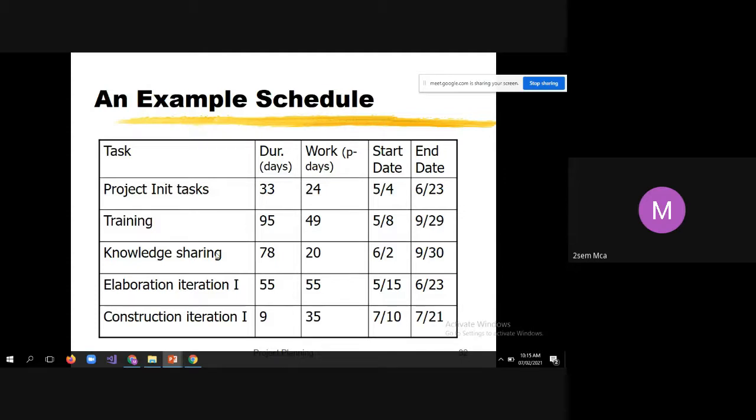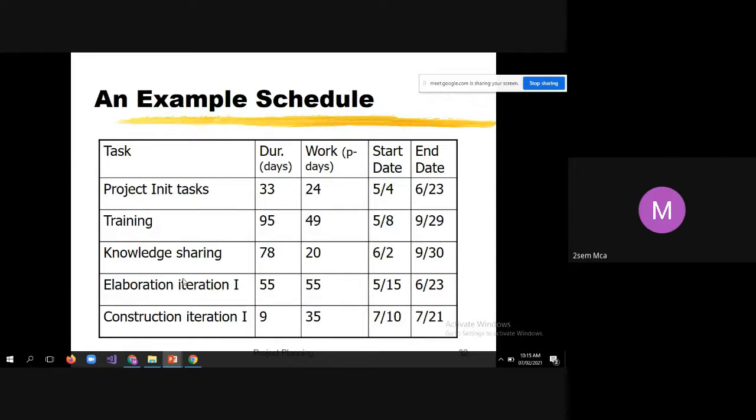Then knowledge sharing, 78 days duration. This is the percentage, and this is the starting date and ending date. Similarly, elaboration iteration 1, then construction iteration 1. This is the sample schedule.